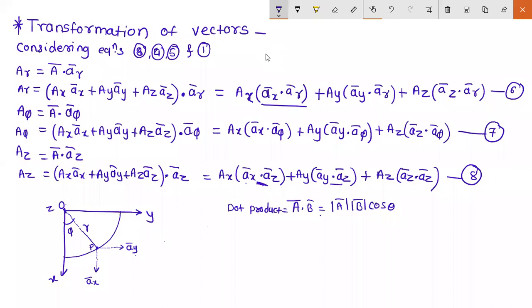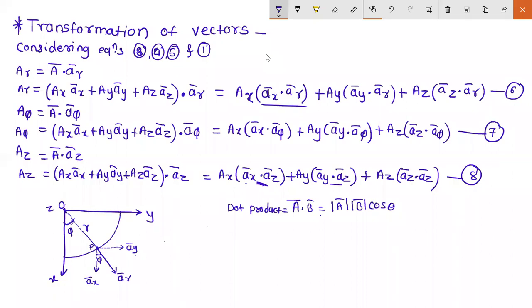In the direction of radius r, your unit vector is A bar r, right? So between x and r, your angle is phi, right? So I can draw the angle phi here also. That is, between A bar x and A bar r, your angle is phi.